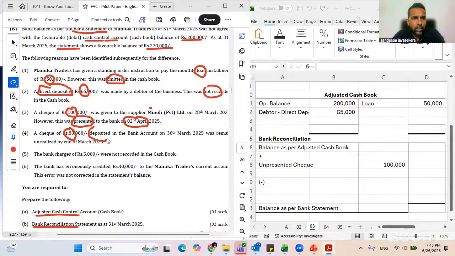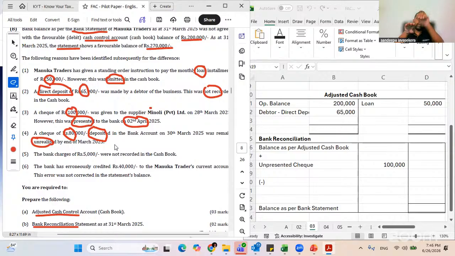Next one. 80,000 deposited remains unrealized. Once again, it goes to the reconciliation. First of all, we think the balances are equal.